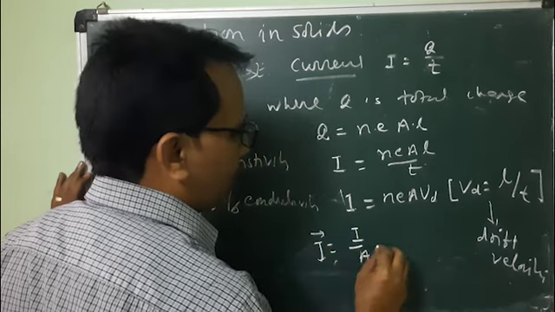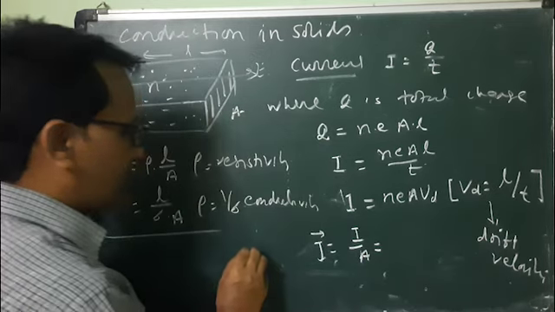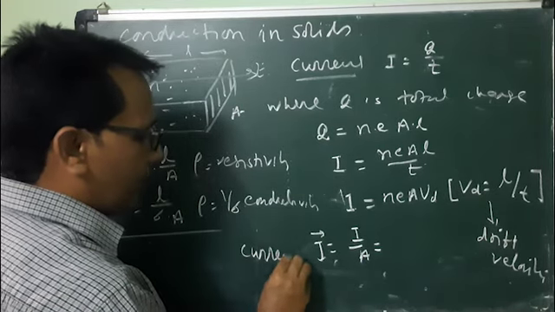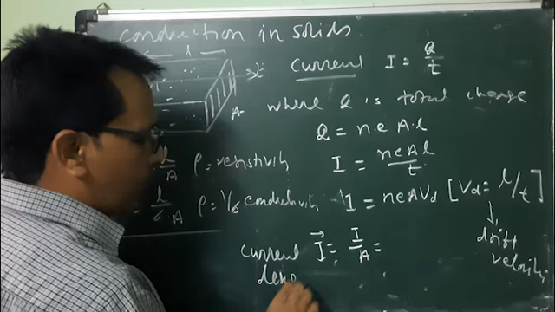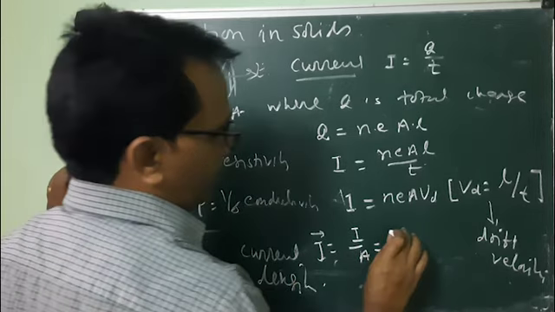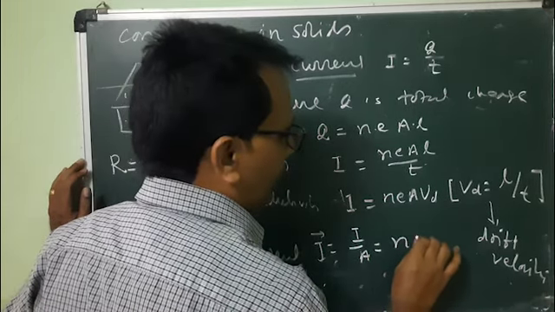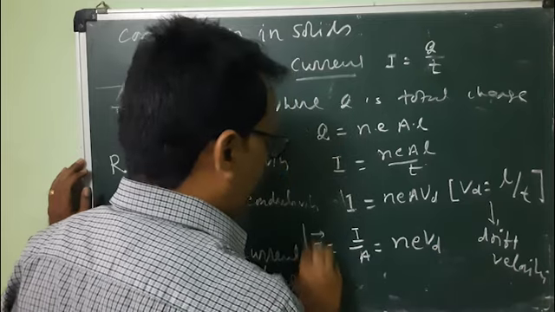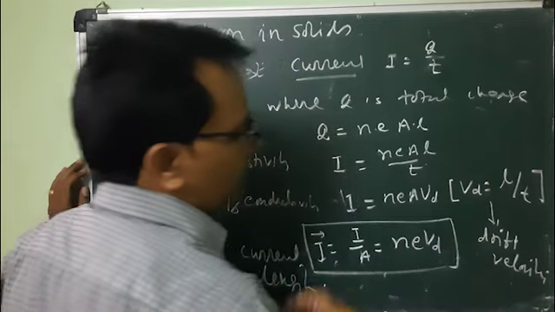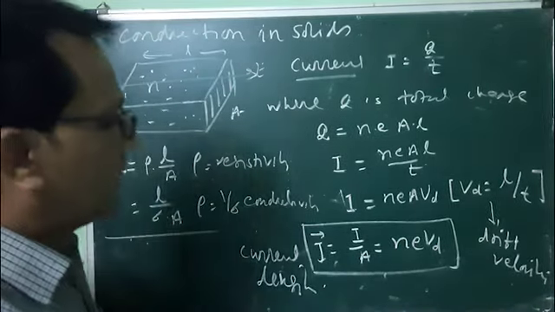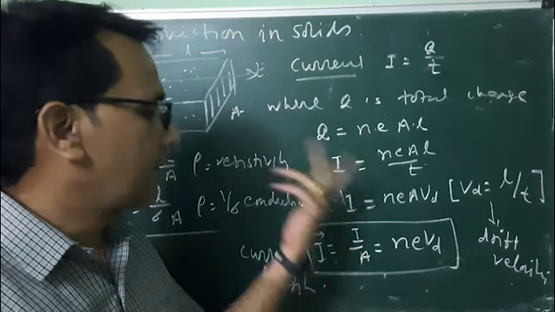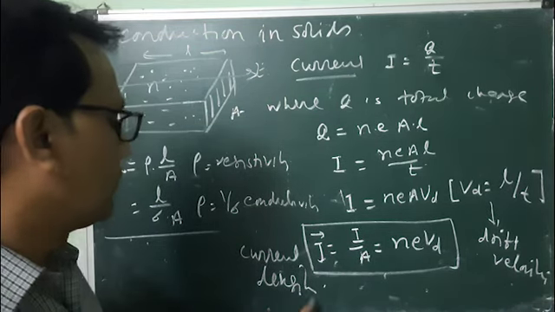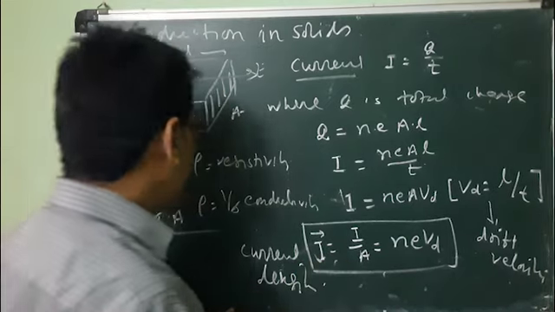So J is equivalent to I by A, which is a vector quantity, and this is equal to n e Vd. This is a very basic formula for the current density, which we derived in 12th level physics also.